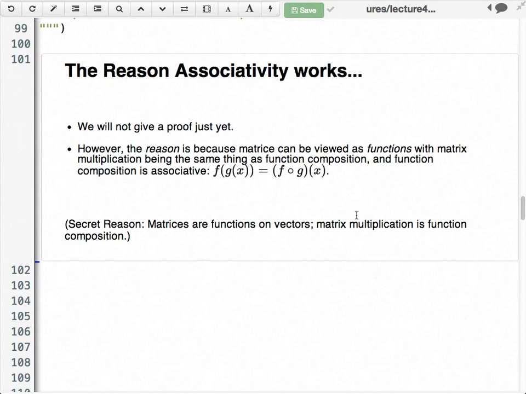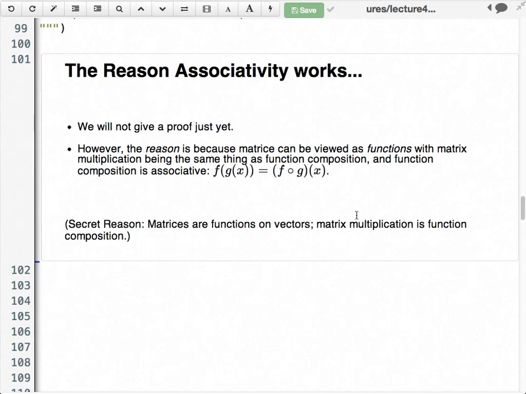There's various objects associated to linear transformations, like kernels and cokernels and so on. Okay, so the quick summary, though, of the reason for associativity is that matrices correspond to functions, and associativity is very easy to see for functions. Okay? That's a conceptual reason. Matrices correspond to functions. Functions compose nicely.